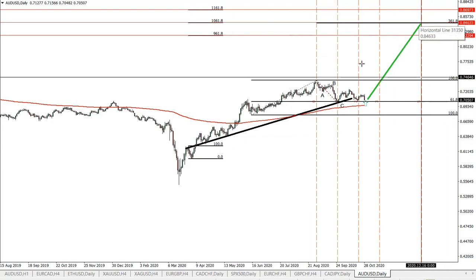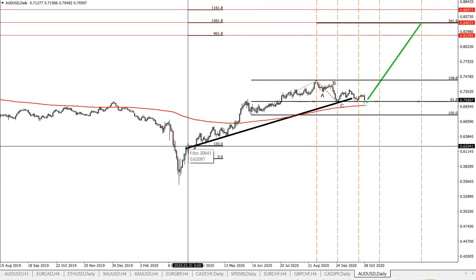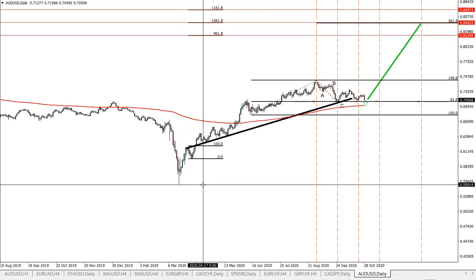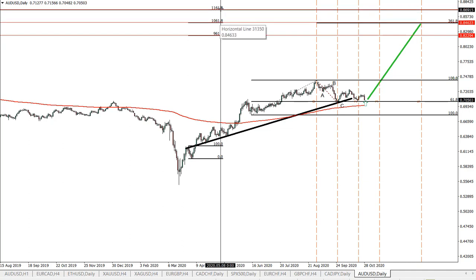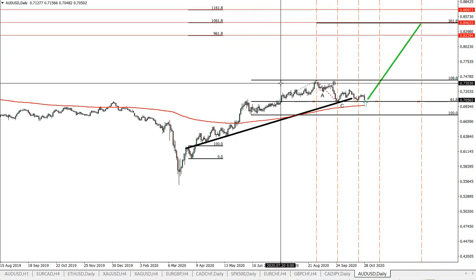So all in all, we have these 3 resistance levels, and I have applied fibs to this corrective move down, first correction after the price bottomed out, and we see here 961.8, 1061.8 and 1161.8 fibs. These three levels are very important, and in many cases they tend to be the final upside target.